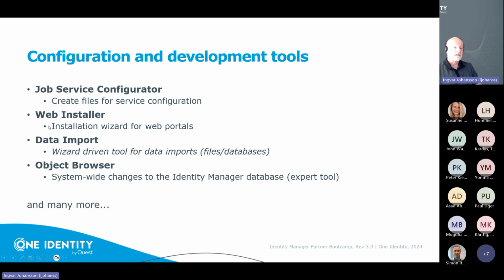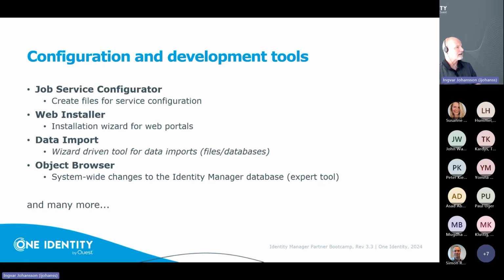Obviously, we have a web installer tool, so you can deploy your API server and your app server. We have a data import tool, which is especially useful at early stages when you deploy identity management and the customer already has data they want to bring in. Let's say the customer has some roles in their old system.